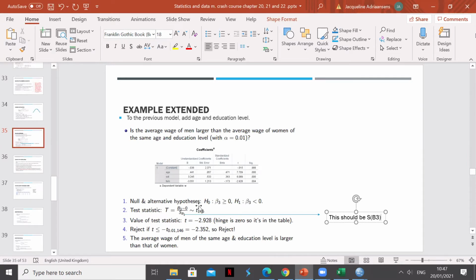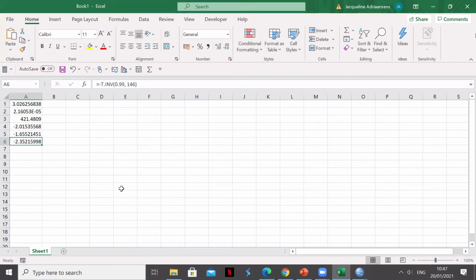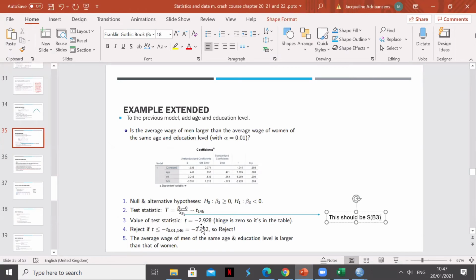Oh, sorry, I made a mistake before. Let me correct it. First, do the critical value like we did, and you get this. Did we get that as well? Yes, we got that as well. So this was our test statistic. And since the test statistic is less than this, so it's very surprising under the null hypothesis, we are allowed to reject the null hypothesis.